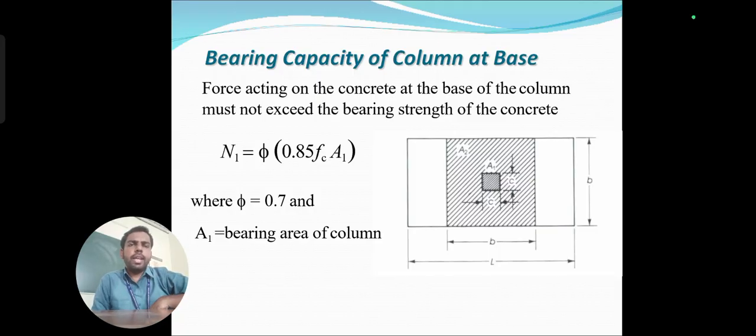What is the bearing strength of the concrete? 0.45 root fck is the permissible bearing strength of the concrete. This permissible bearing value should not be exceeded in any case. Why? Because the design of the footing should maintain the bearing strength, and both should be much greater at that location.